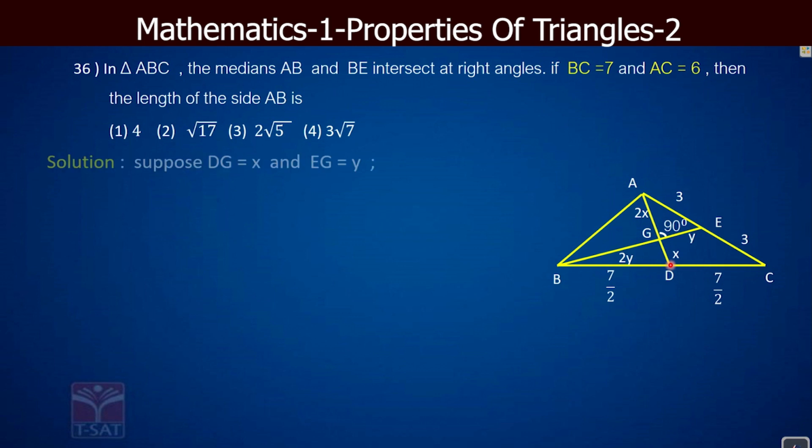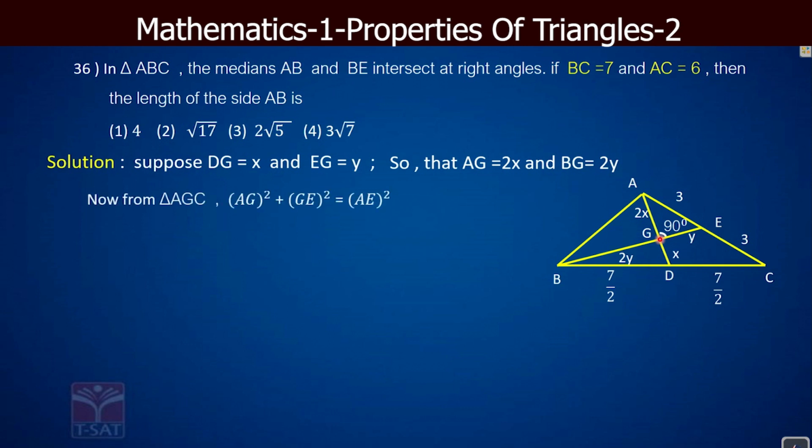So, here suppose DG is equal to x, and EG is equal to y. So that AG is 2x and BG is 2y, because the centroid divides the median in the ratio of 2:1 from the vertex towards the base side, or 1:2 from the base side towards the vertex. Now, you can use Pythagoras rule.